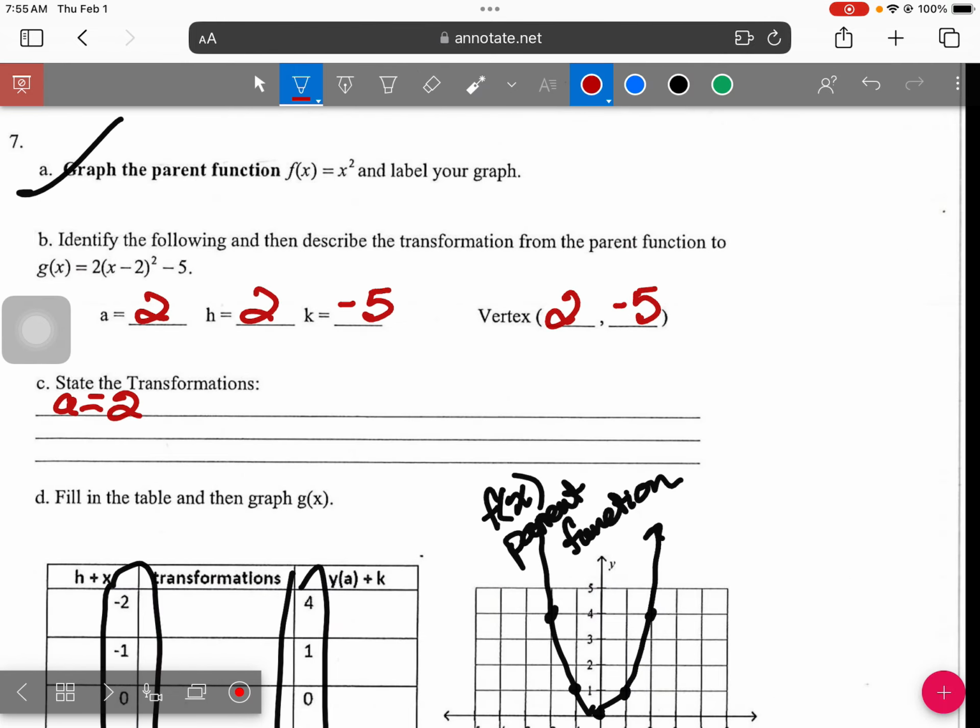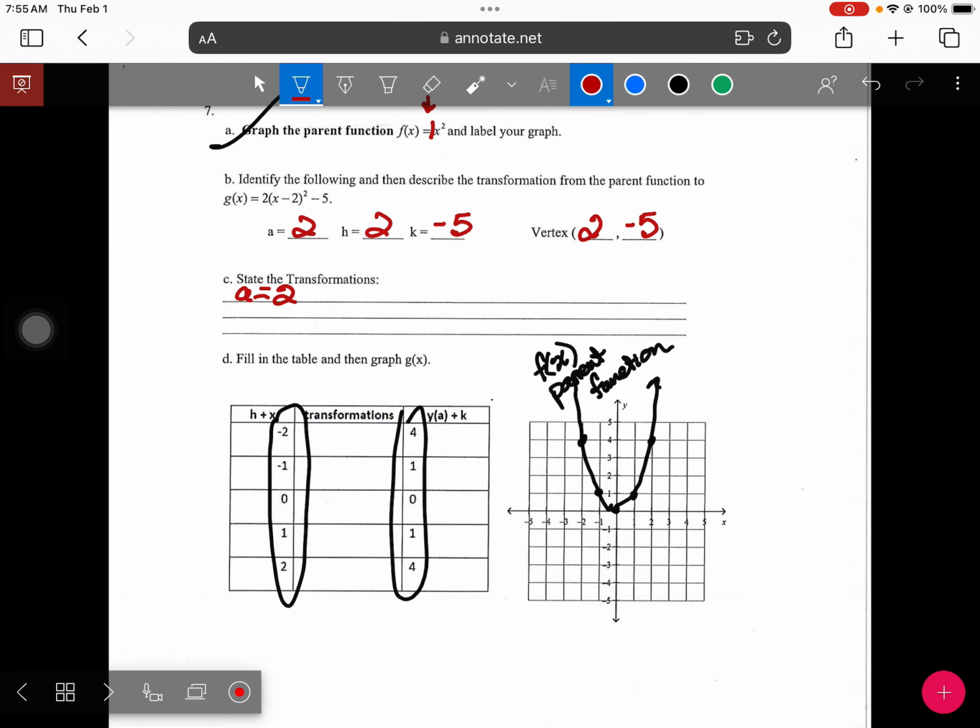What is my a value for the parent graph? It would be 1, so yes, that's a change. It is a vertical stretch of 2.